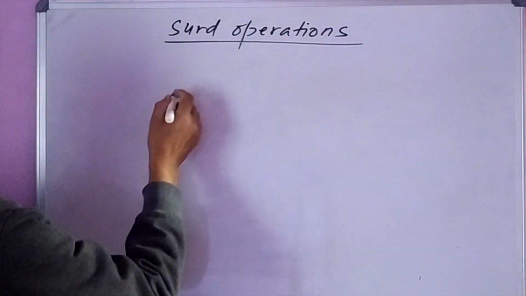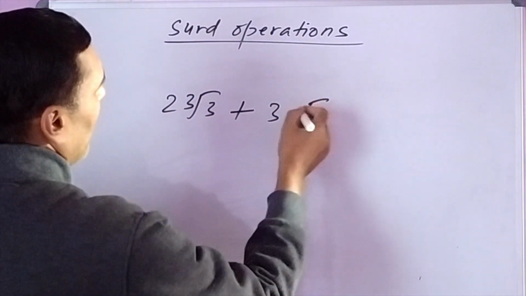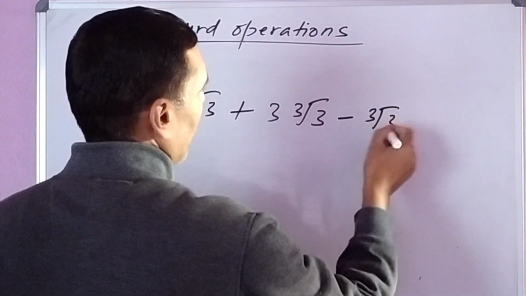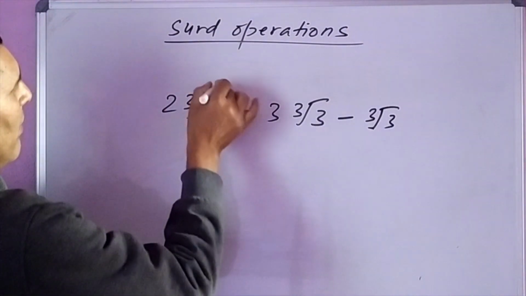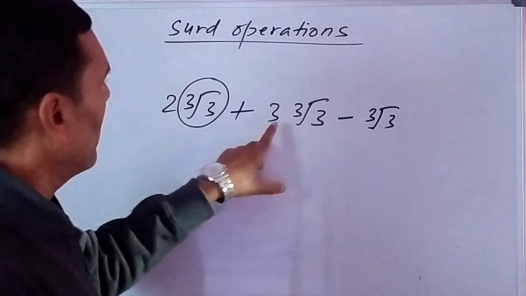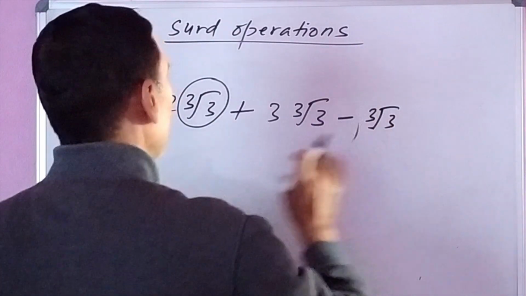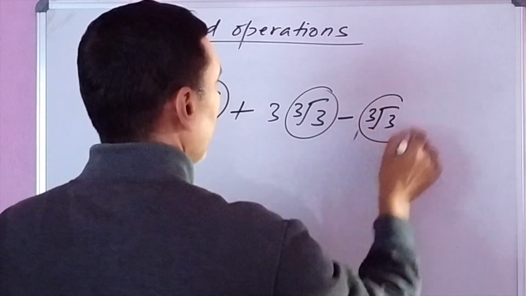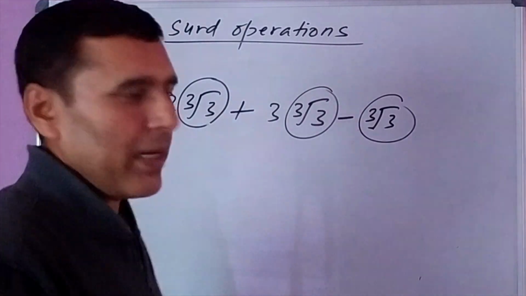Like 2 times cube root of 3 plus 3 times cube root of 3 minus cube root of 3. Now look here. These sorts are like sorts. Mainly we have to focus here on the order and radicand of the sort. These 2, 3, and if there is nothing, there is 1, these are the coefficients only. Cube root of 3, here also we have cube root of 3 in the second sort, in the third sort also we have cube root of 3, and these sorts are said to be like sorts, and like sorts can be added or subtracted.